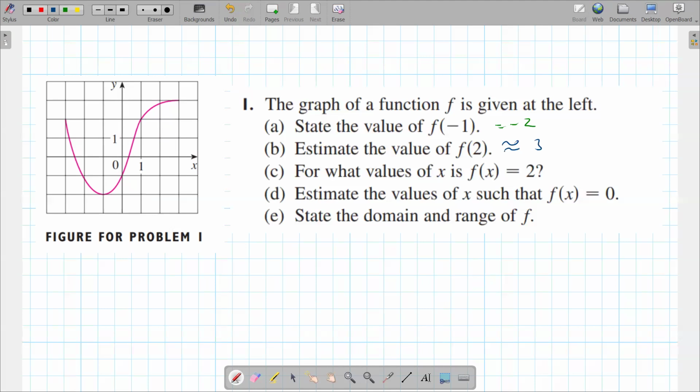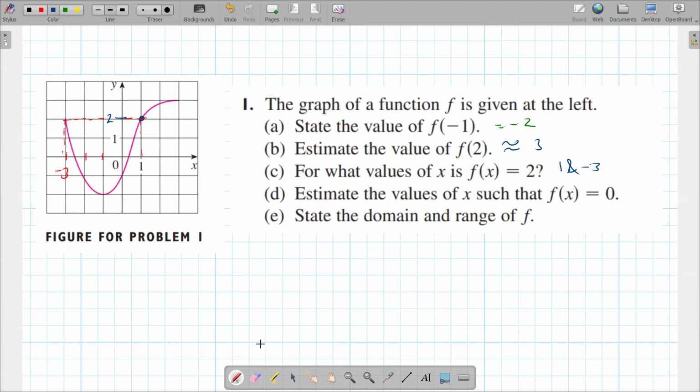What x is when y is 2? Right, so when is the y value 2? Y value is 2 right here, right? When x is 1. Any other point? -3, okay? So you need to give both of them. 1 and -3.